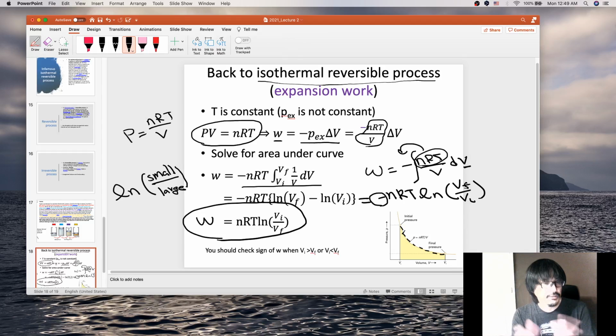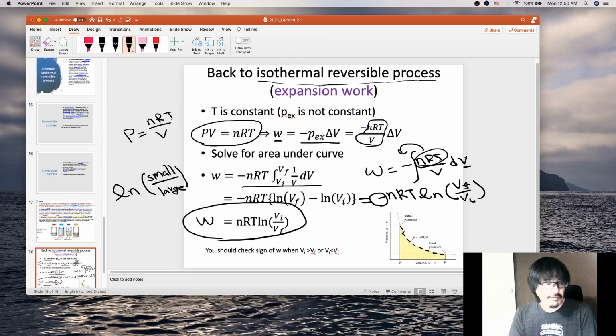That's the expansion, right? For this particular case, the log of less than 1, right? Which means that the work is going to be negative. So anytime you expand in the isothermal reversible process, you lose energy.